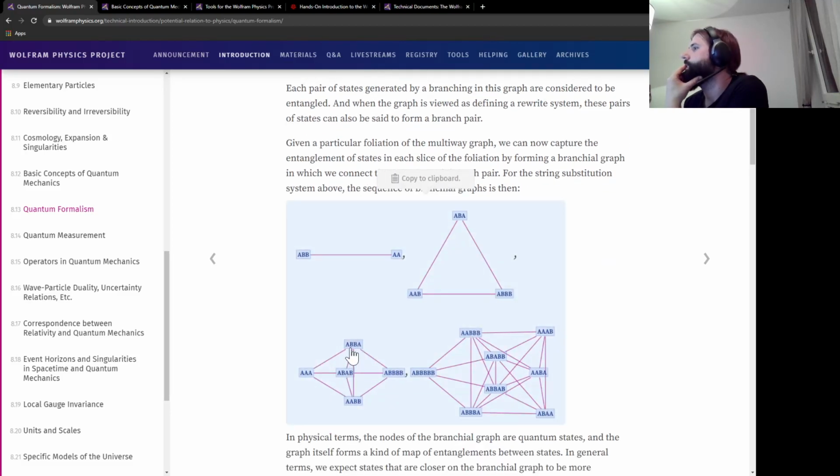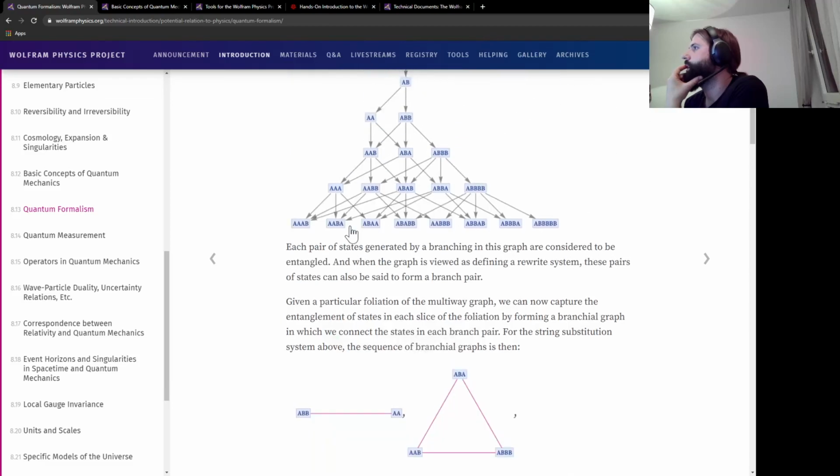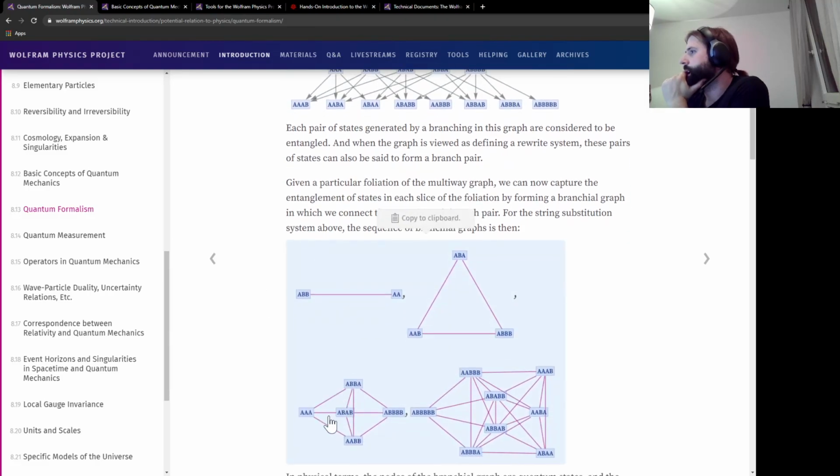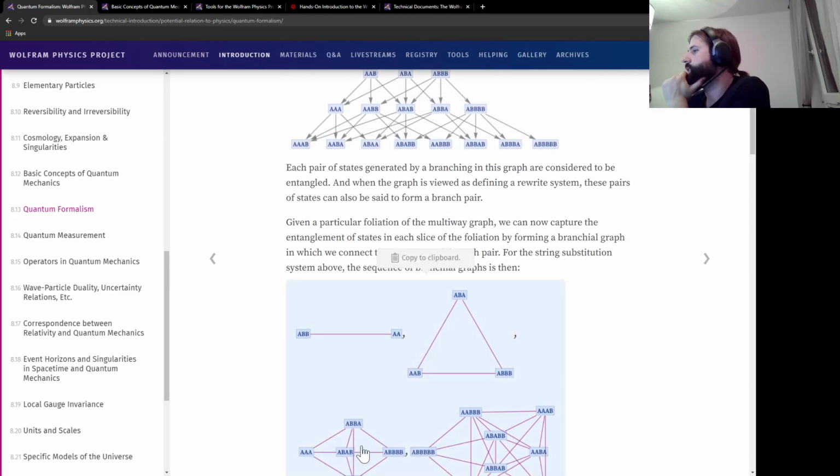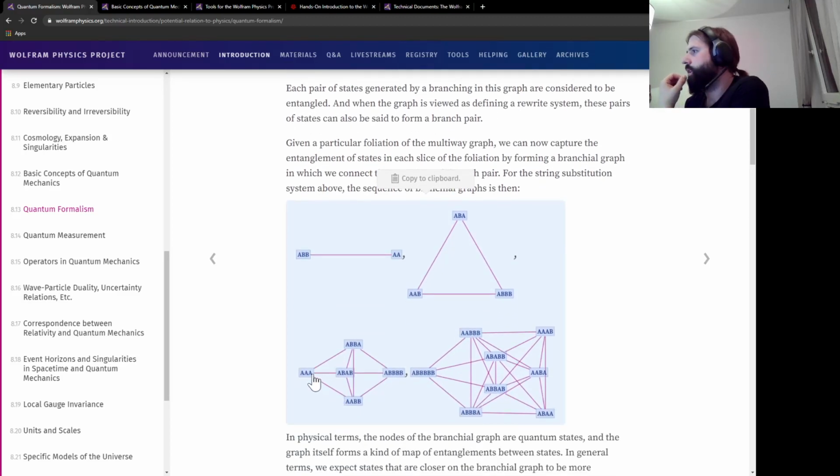Right? That's the AAA. Yeah, that's this foliation. And AAA. Oh, but look at these. AAA is only okay. No, it's not that each with each of them, but it's like only their siblings, like actual real siblings, right?